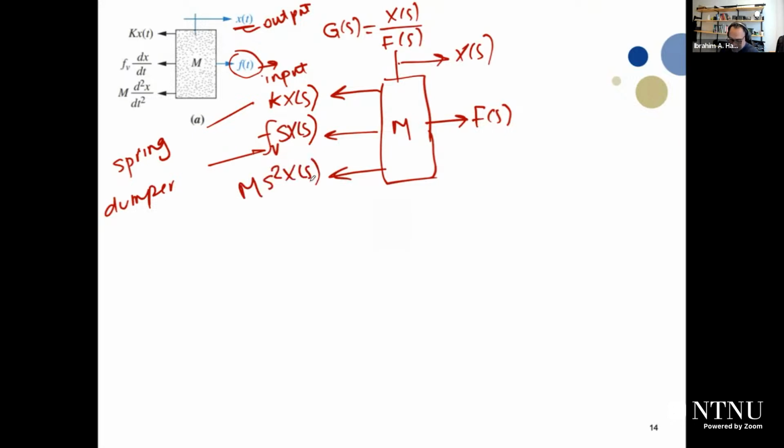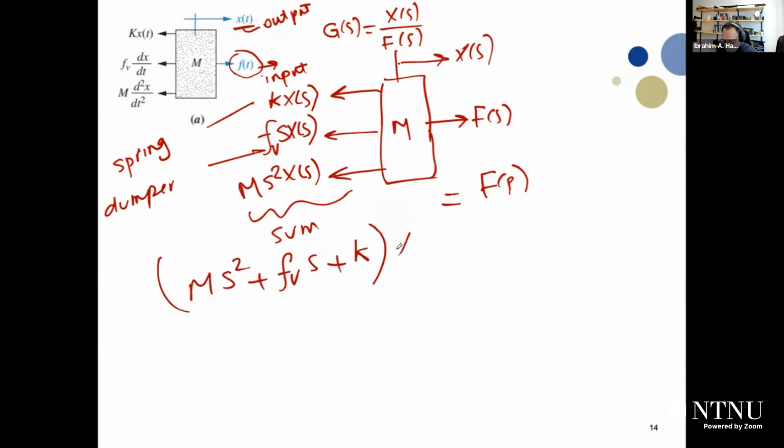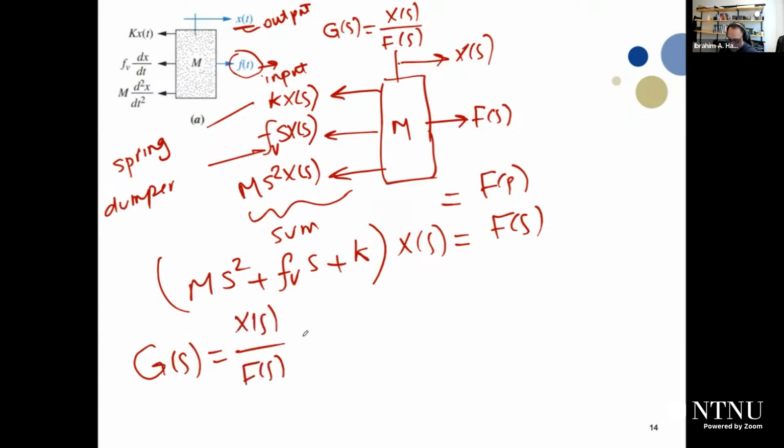Now we will write the equation of forces. Summation of forces in that side equals F of S. So it will be (Ms squared plus Fv s plus K) multiplied by X of S equals F of S. We need to get the transfer function, which is X of S divided by F of S. So this one divided by this one, it will be 1 divided by the coefficient of X of S, so 1 divided by (Ms squared plus Fv s plus K).